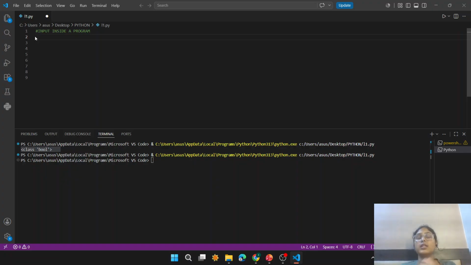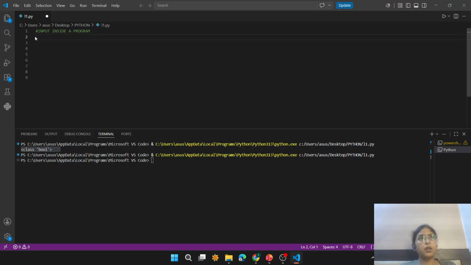Now, input inside a program. How to take input? Till now, whatever we were doing, I have already given the value. But what if you want to create a program where the user enters their own value?